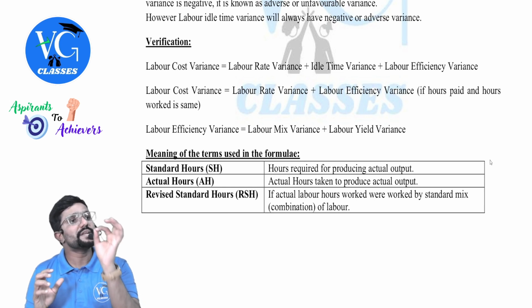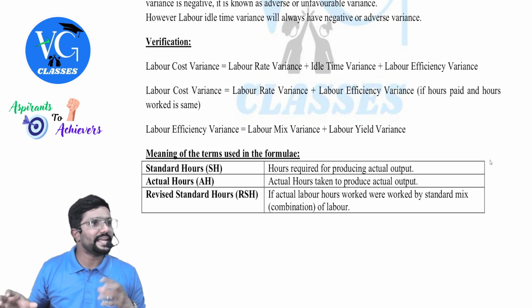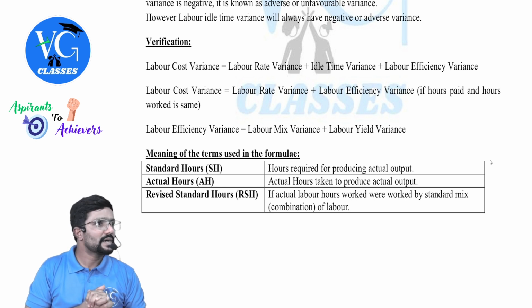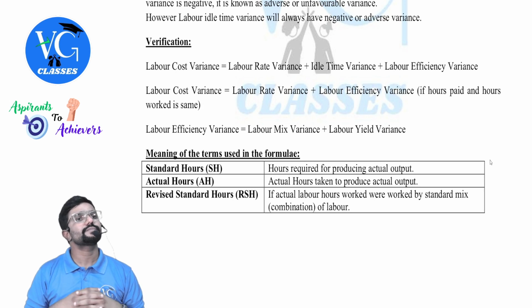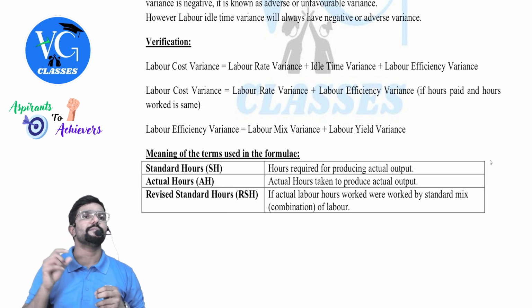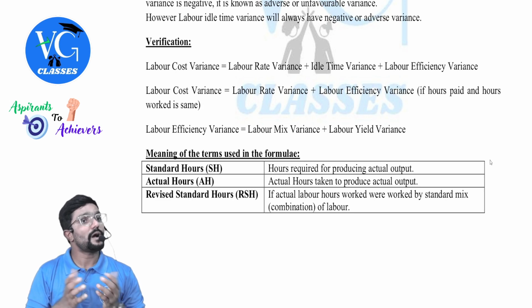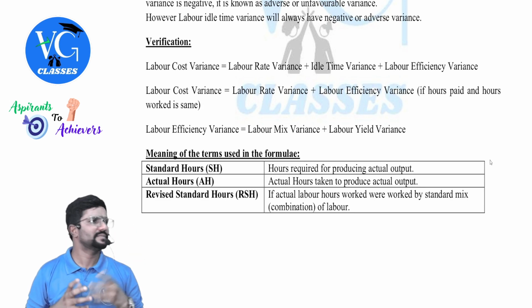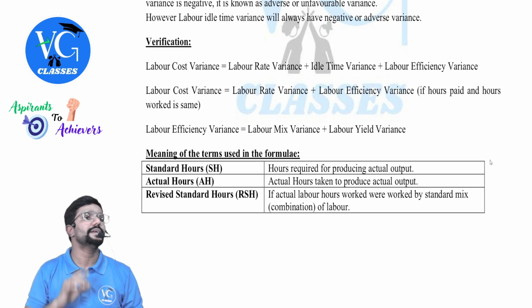Now, what is the revised standard quantity? Actual quantity in standard quantity ratio. Clear? Yes, sir. Now coming to yield variance. What is the formula? Standard quantity minus revised quantity into standard price. The alternate formula is total standard input quantity minus total actual quantity into standard price.